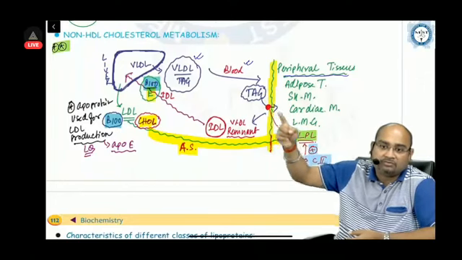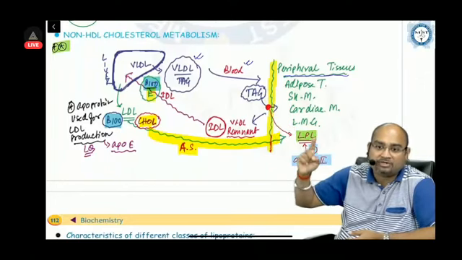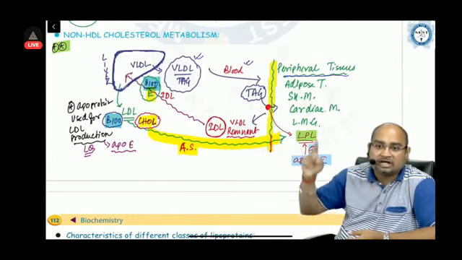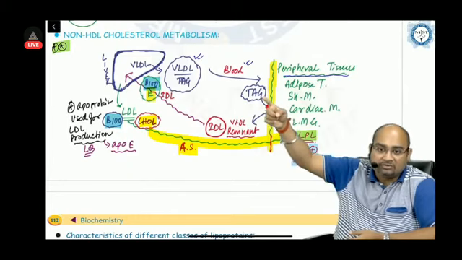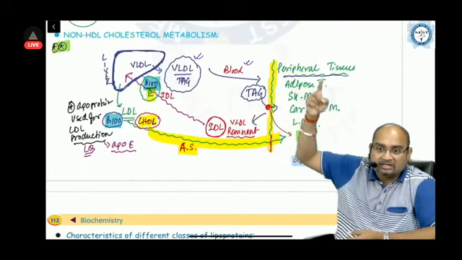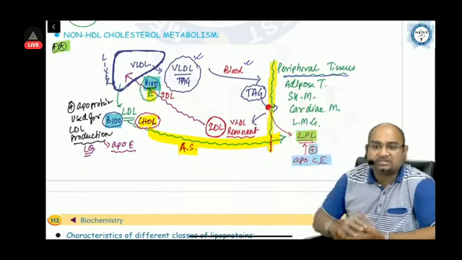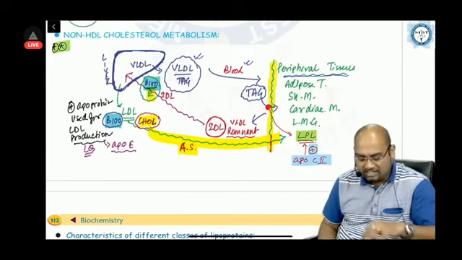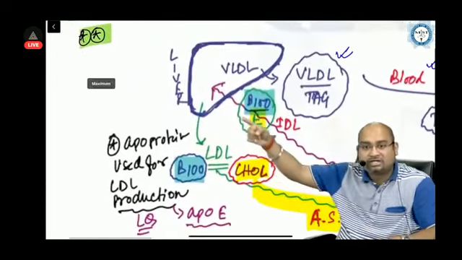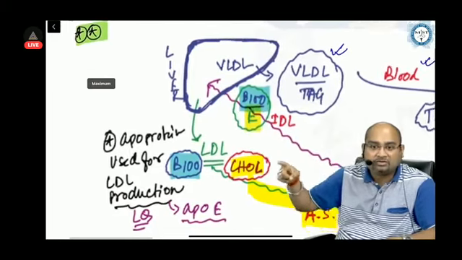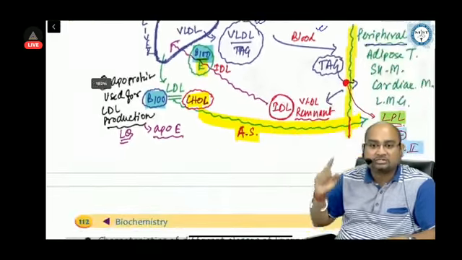At the peripheral tissue level, we have the enzyme lipoprotein lipase, whose activator is ApoC2, and this lipoprotein lipase will allow the TAG to come out of the VLDL and enter into peripheral tissues, and then returned as VLDL remnant, IDL will go back to the liver, and from the liver it will be modified to LDL, carry cholesterol, and it will cause atherosclerosis.